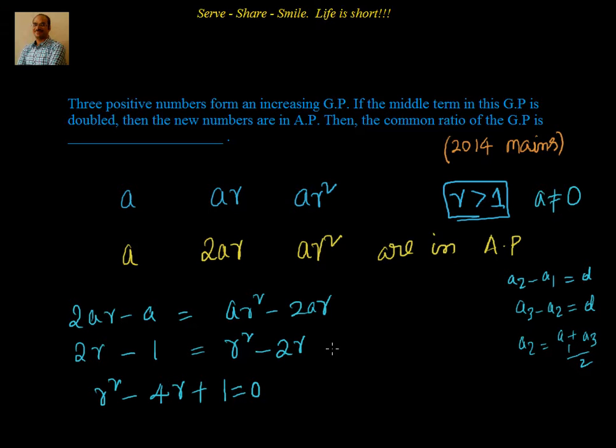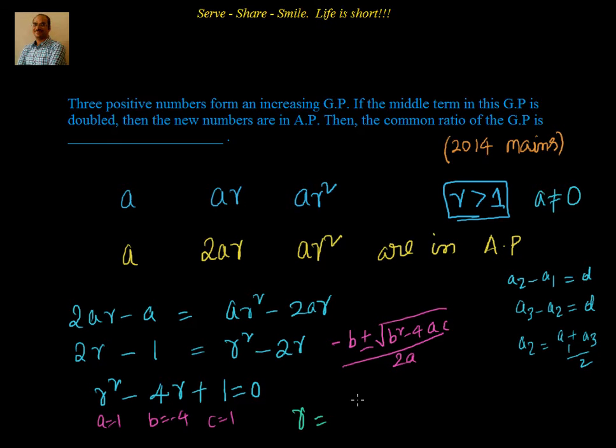So we know that the value of R is given by minus B plus or minus square root of B square minus 4AC, divided by 2A. So let's substitute values here. A is 1, B is minus 4, and C equal to 1. So we'll leverage these values and solve the quadratic equation.